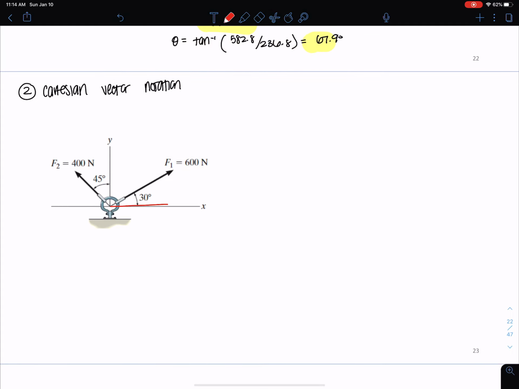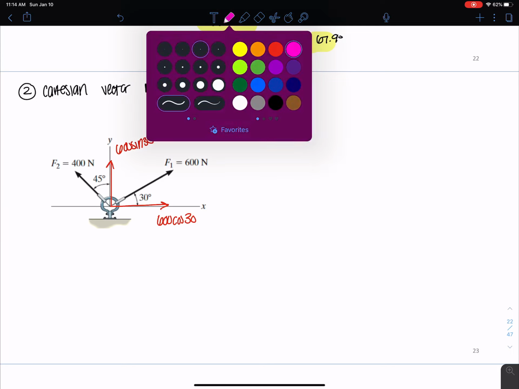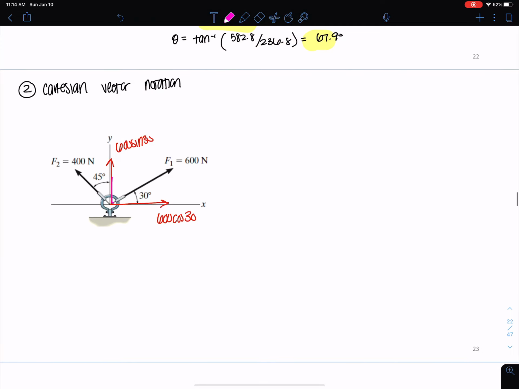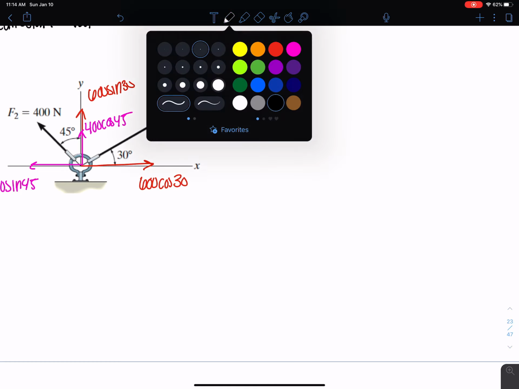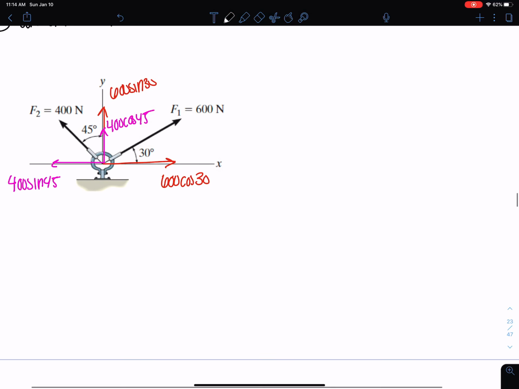We'll do it again so we get some more practice. 600 cosine 30, 600 sine 30, 400 cos 45, 400 sine 45.